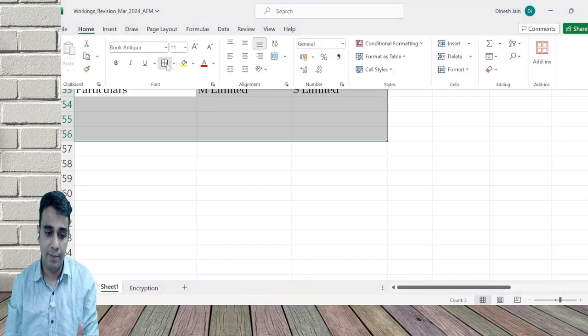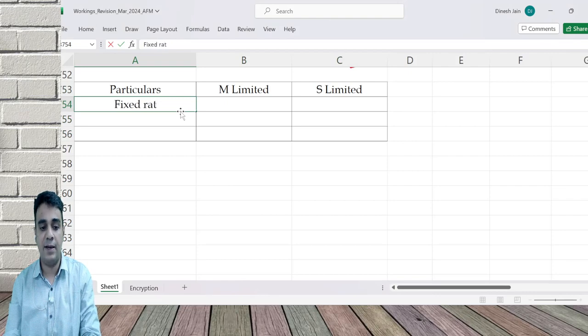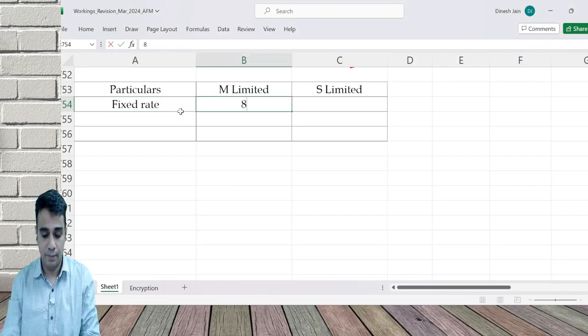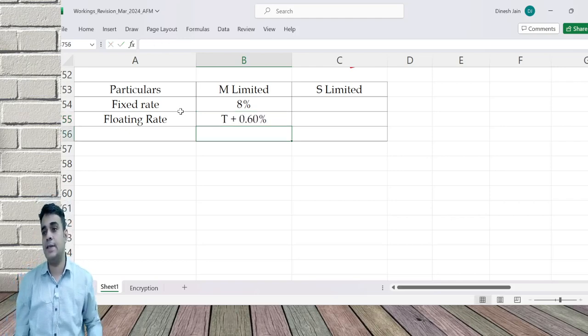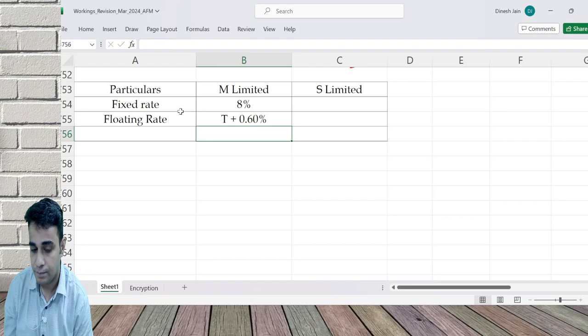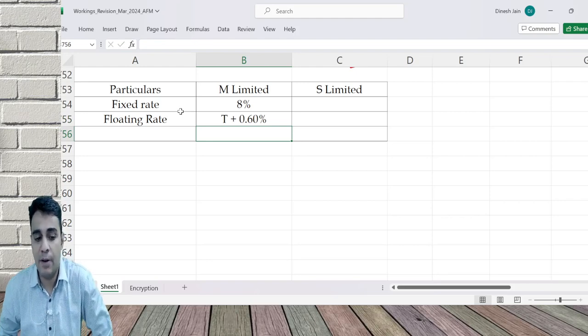M Limited and S Limited. Read the table and tell me what is the fixed rate of M Limited. 8%. Again, read the table and tell me what is the floating rate of M Limited. T plus 0.6%. Give me similar numbers for S Limited.